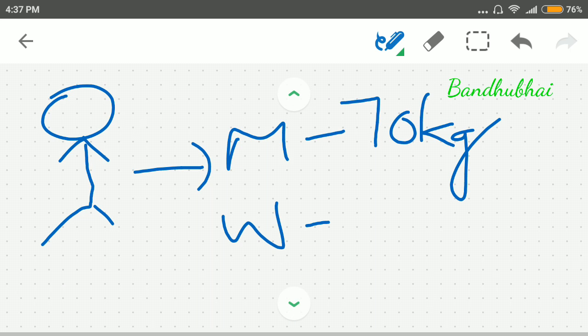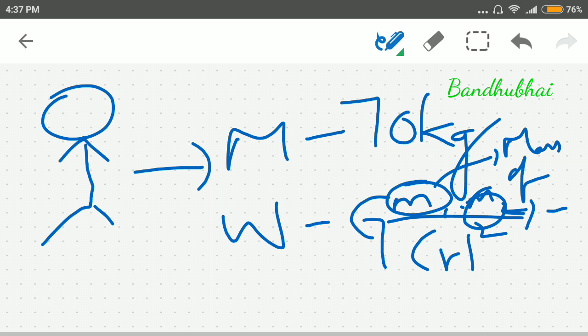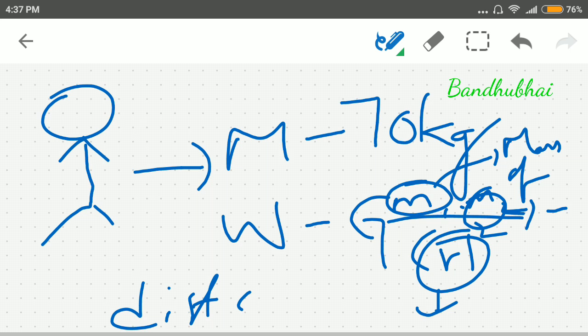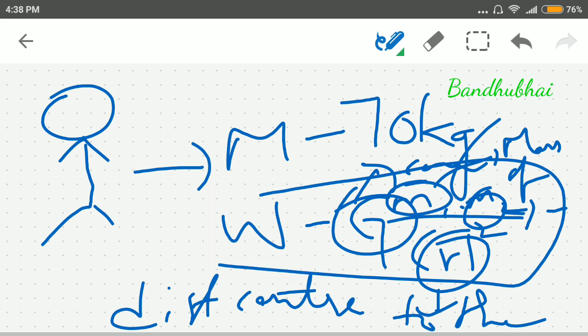Weight is G m1 m2 by r square. m1 is the mass of the earth. m2 is the mass of the object. r is the distance from the center of the earth to the object. G is a constant.